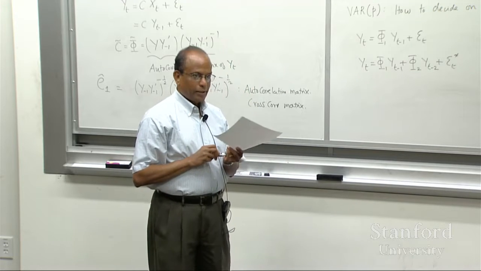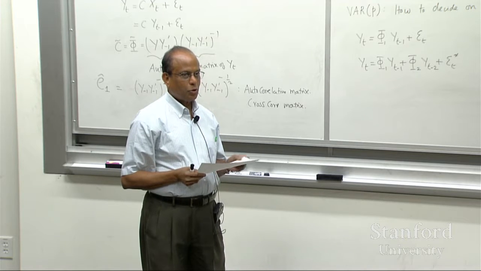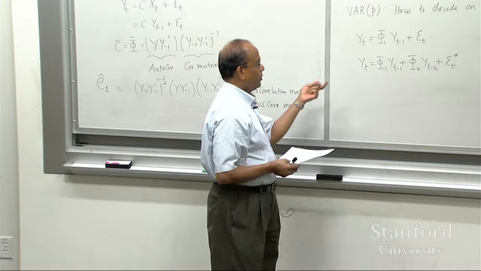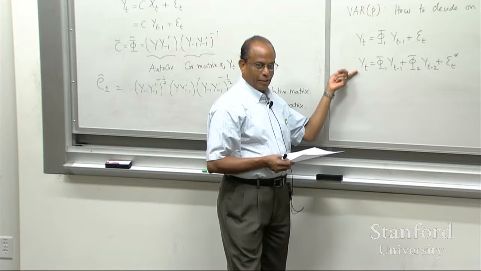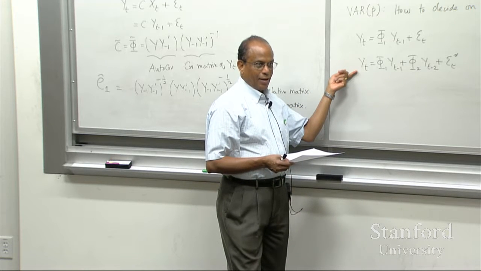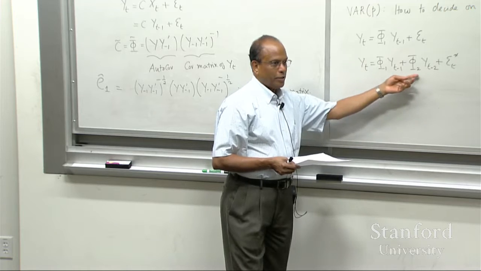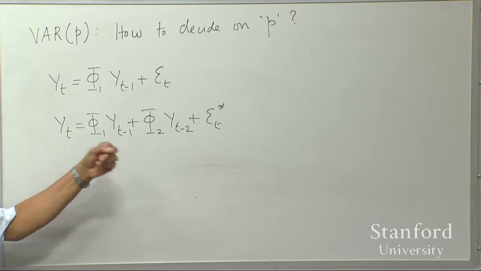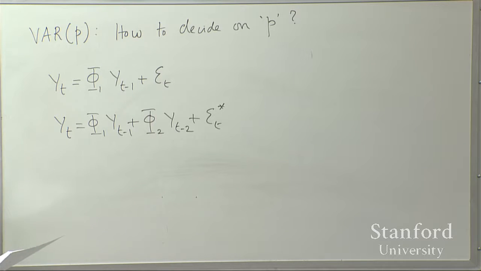I think last time I mentioned there are two approaches that you can take. One approach is that you can fit the second model and check if this pi 2 coefficient is 0 or not. An alternative procedure that I tend to use in practice is as follows.